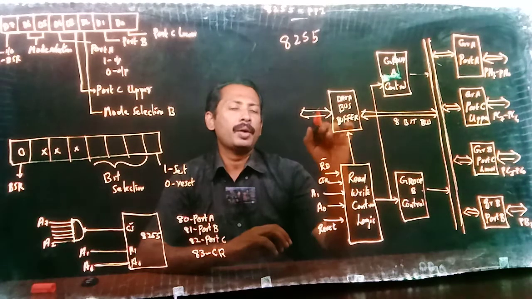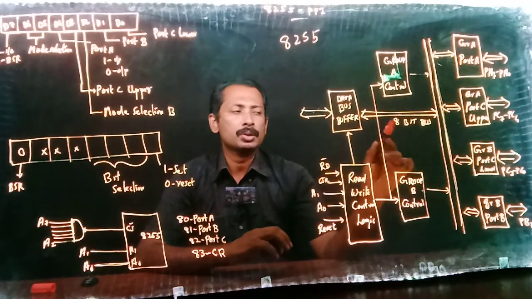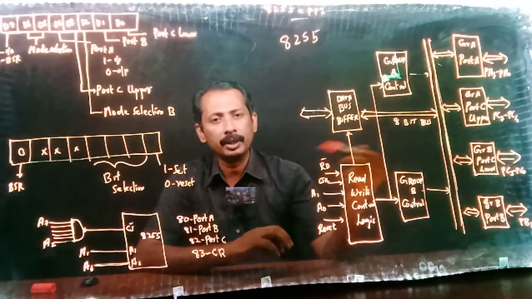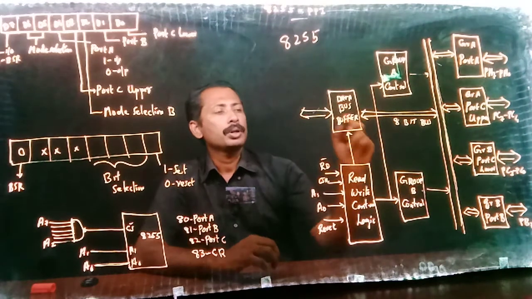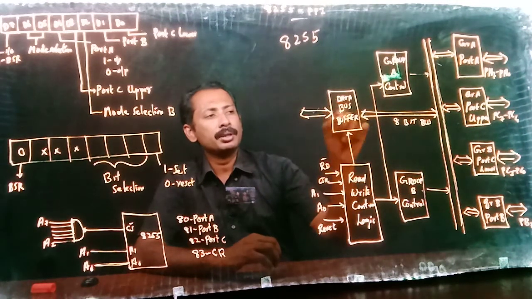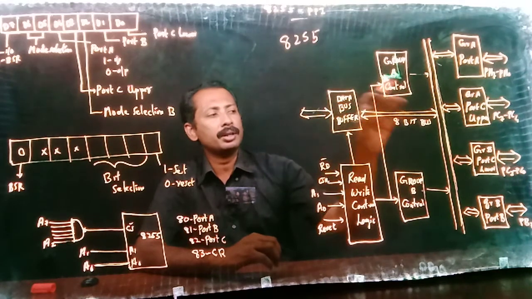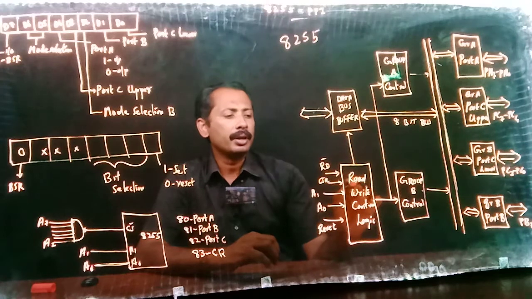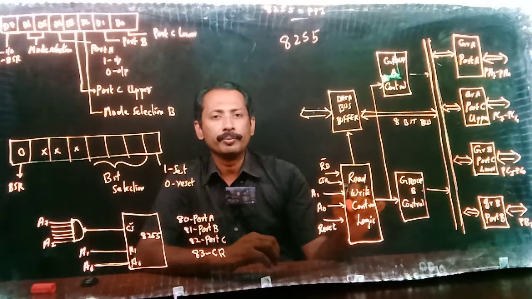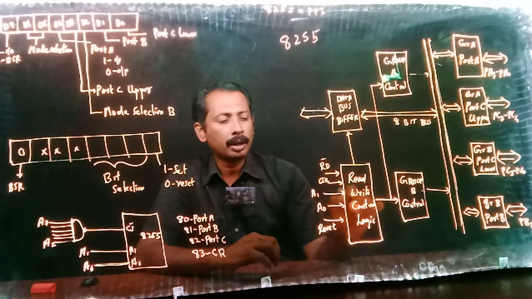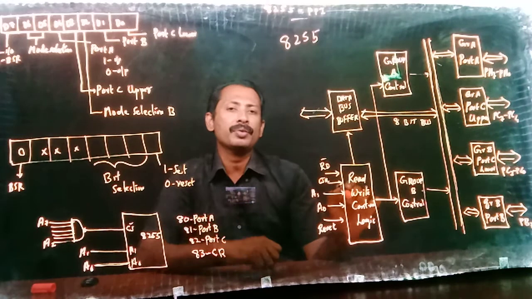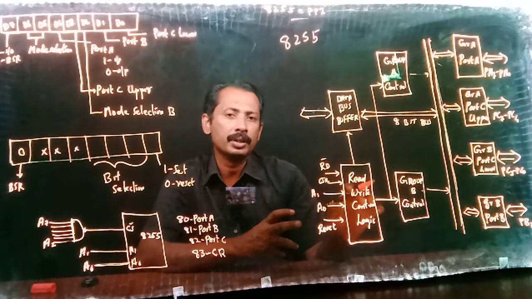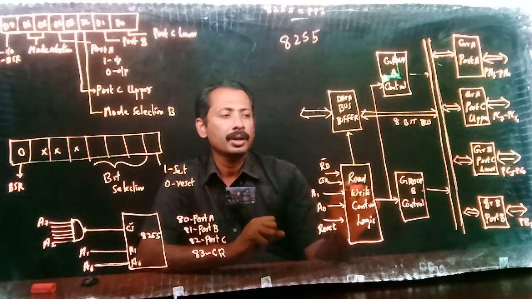So we have an 8-bit bus, and through the 8-bit bus the data is communicated in parallel to the microprocessor. So the data bus buffer is a buffer for connecting this 8255 and the microprocessor. And we have a read-write control logic. This is the control unit of this 8255, and we call this the control register.